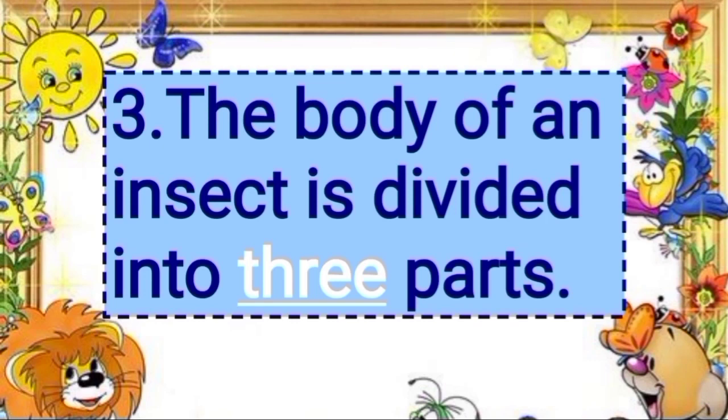So the question is, the body of an insect is divided into dash parts. So answer is 3. So which are head, thorax and abdomen. So as you know that insects have 6 legs and their body is divided into 3 parts, which are head, thorax and abdomen. So answer is 3.